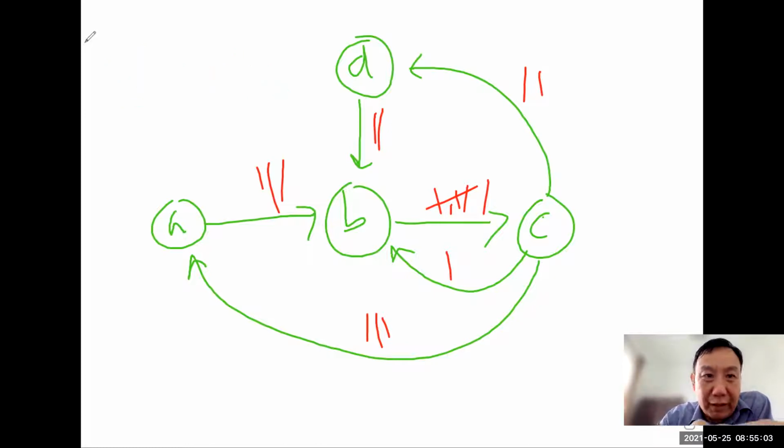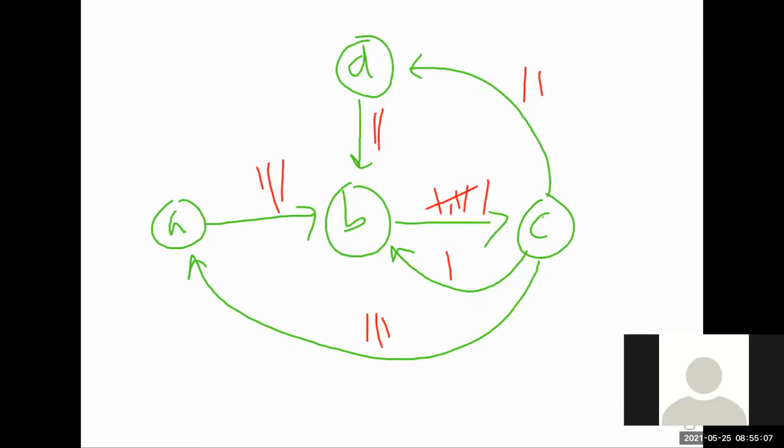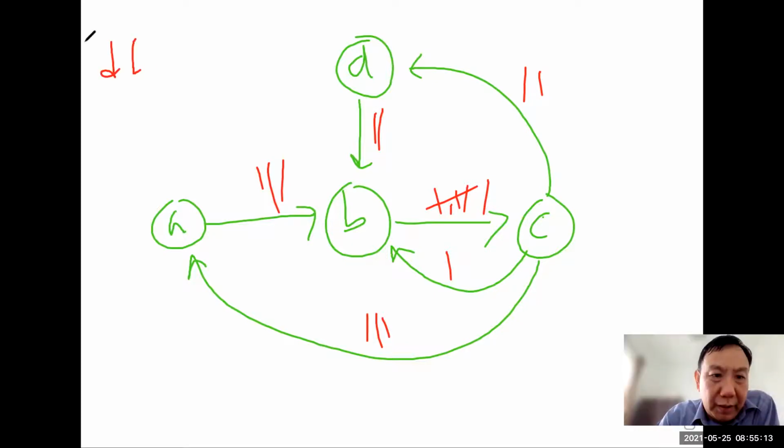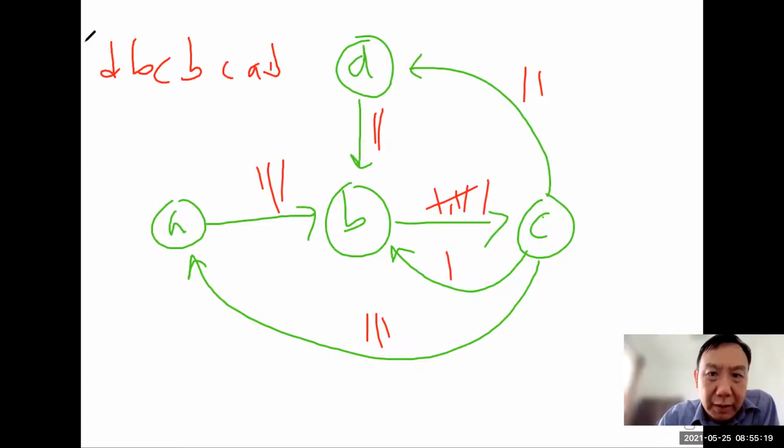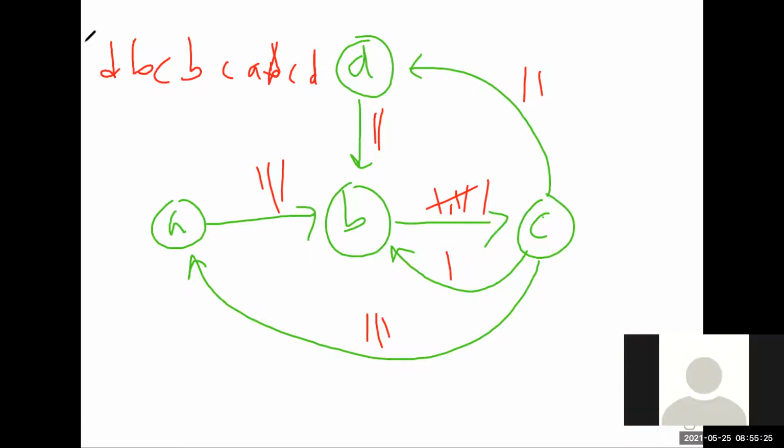Is there any other trajectory? Yes, there are still 2. D, B, C, B, C, A, B, C, D. Okay, let's do that.